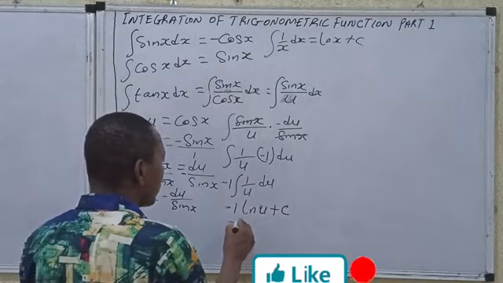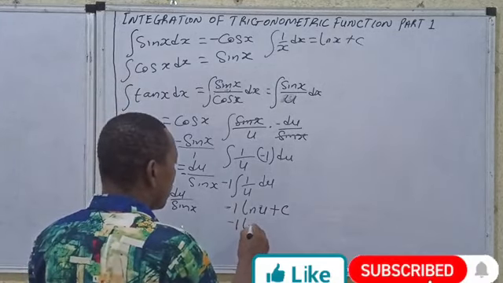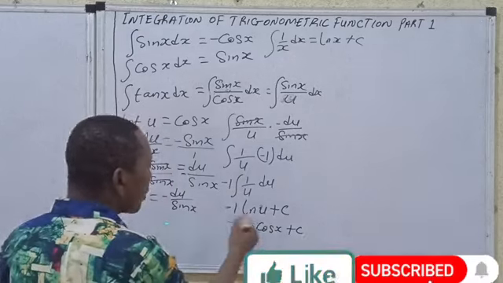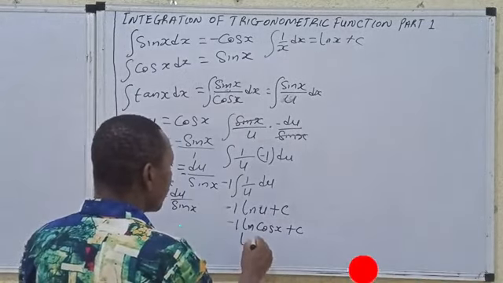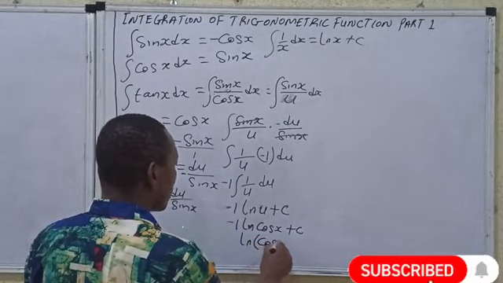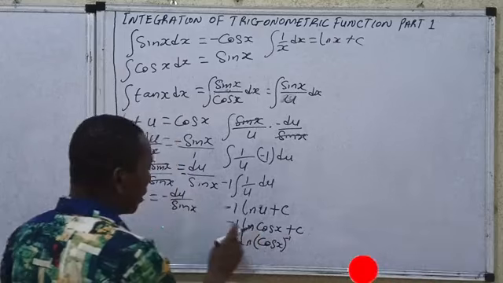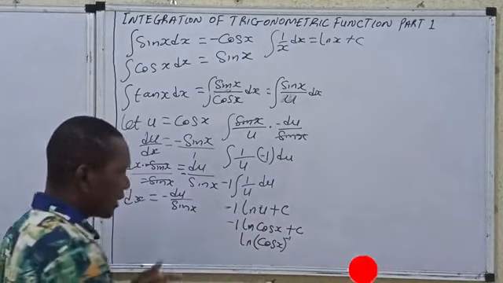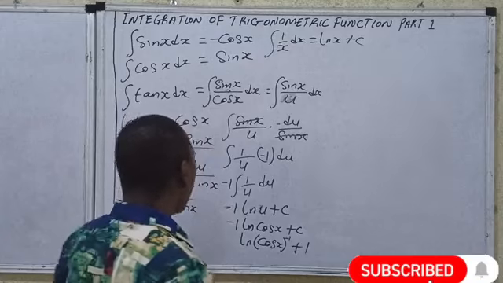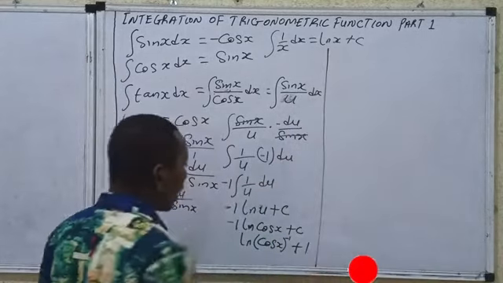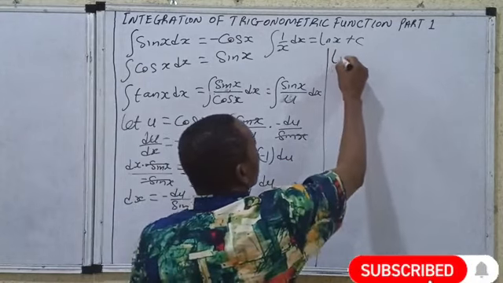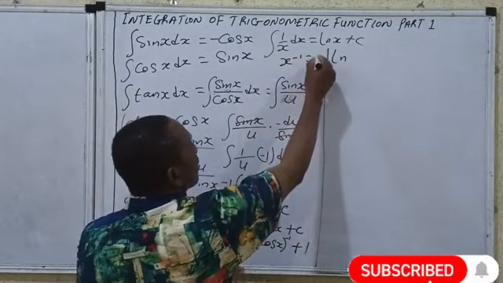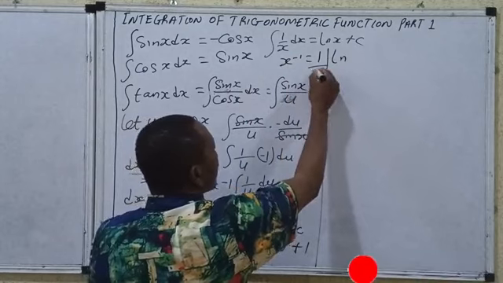So we now have negative 1 ln cos x plus C. We can rewrite this as negative ln of cos x raised to power negative 1, plus C. And x raised to power negative 1 is the same thing as 1 all over x.